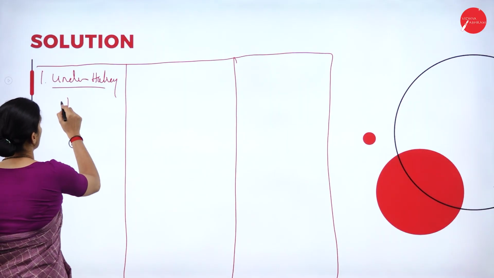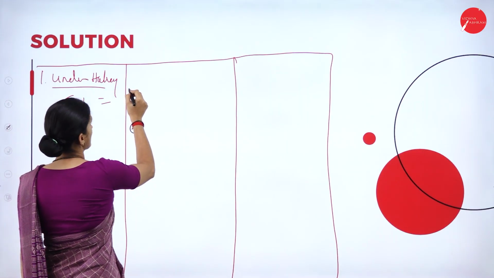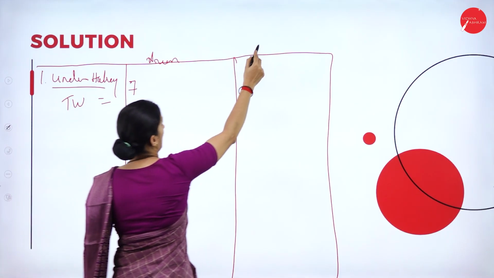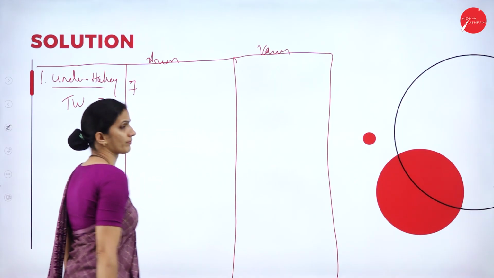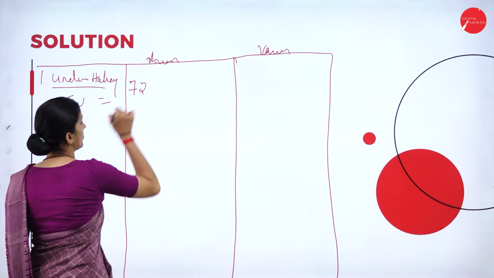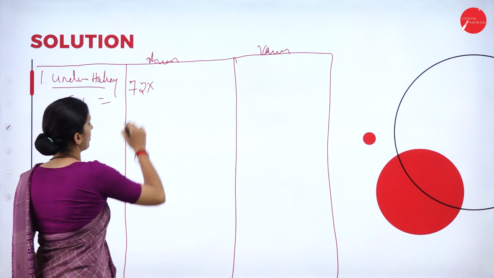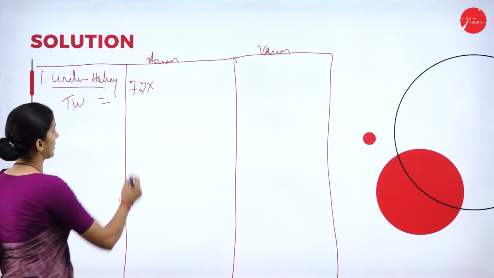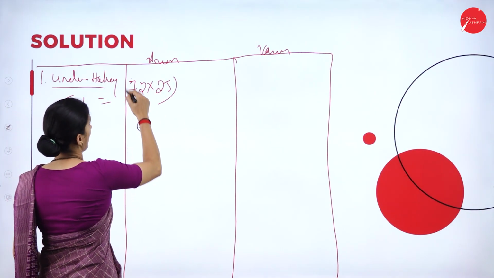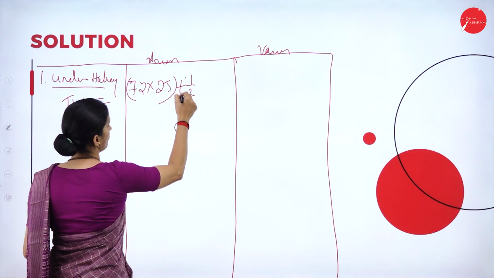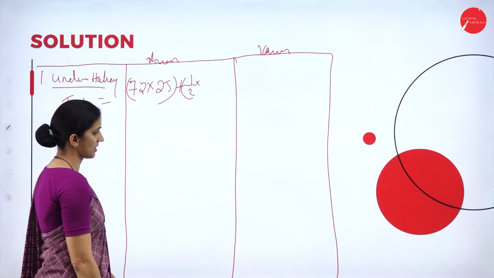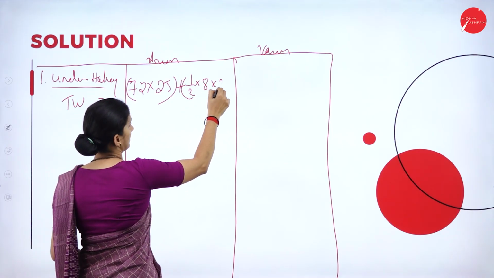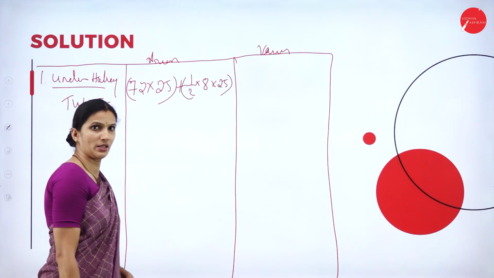So under Halsey, your total wage is, see, hours worked by, this is for Arun and this is for Varun. Okay. So 72 hours worked by Arun and the per hour rate is 25 for both workers. So 25 plus bonus, it is half of time saved. See, the time saved for Arun is 8 hours. 8 hours into rate 25, right.